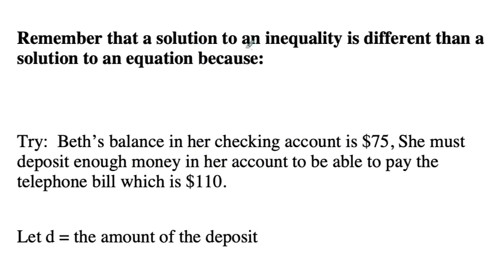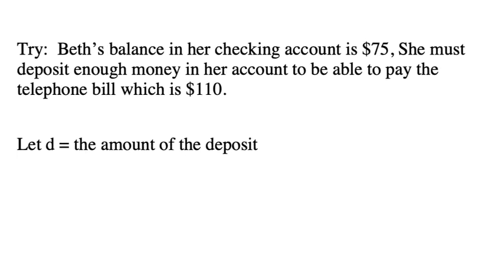All right, let's try one that might be an inequality. Remember that a solution to an inequality is different than a solution to an equation because it gives me lots of values instead of just one value. All right, so the balance in her checking account is $75. She must deposit enough money in her account to be able to pay the telephone bill, which is $110. Okay, so we need to know that she has to have at least $110. All right, so we start with our let statement. We are going to let D equal the amount of the deposit, okay?